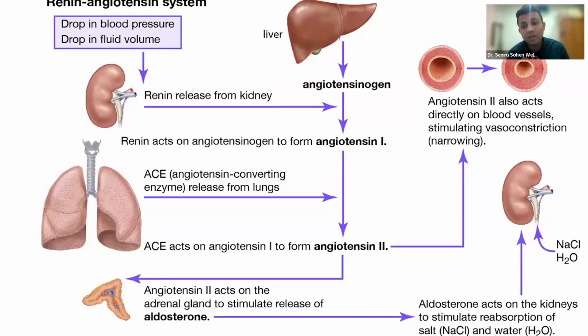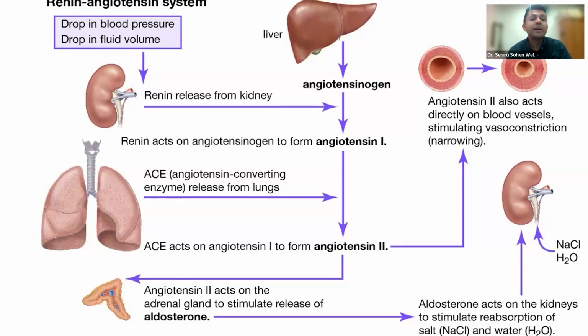So renin can be considered as another hormone that gets stimulated during stress. When you have dehydration, blood loss, or other increased sympathetic activation, you can get renin being secreted.